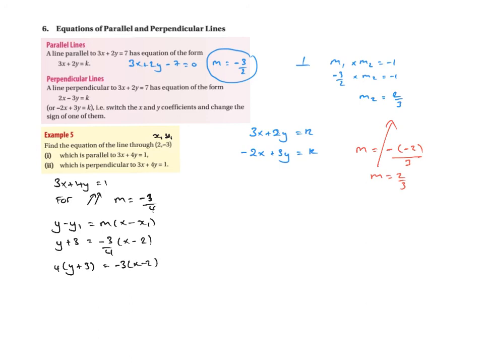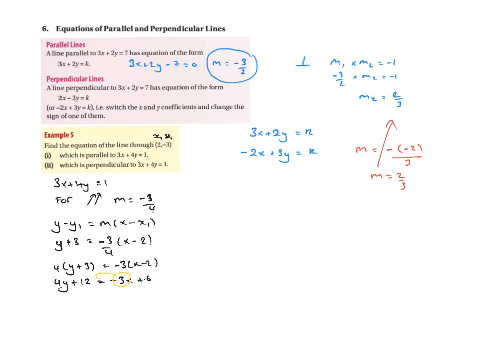And then we're going to multiply out the brackets, sorry, so we get 4y plus 12 is equal to minus 3x, and minus 3 times minus 2 is plus 6. Just make sure you don't fall for that double negative. Right, we want the x's to be positive. So what I'm going to do this time is take this one across to this side and everything across to the left.